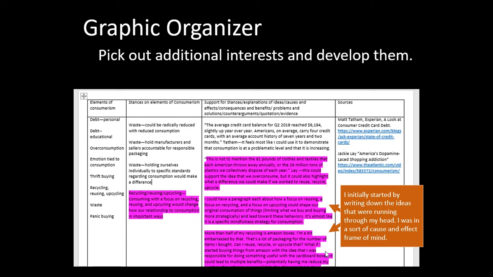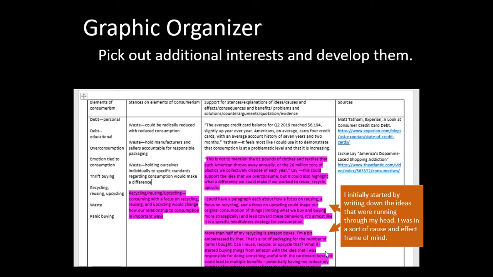I wrote down what ideas were running through my head, and I let them be messy at first. And what I can't really capture for you in this slide is the fact that I would write and then I would erase and then I would write. And then I had another idea. So I hit enter and wrote that. And then I went back and kept fiddling with things.